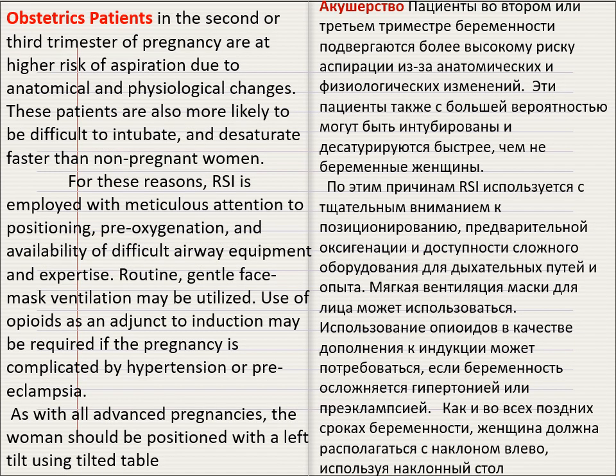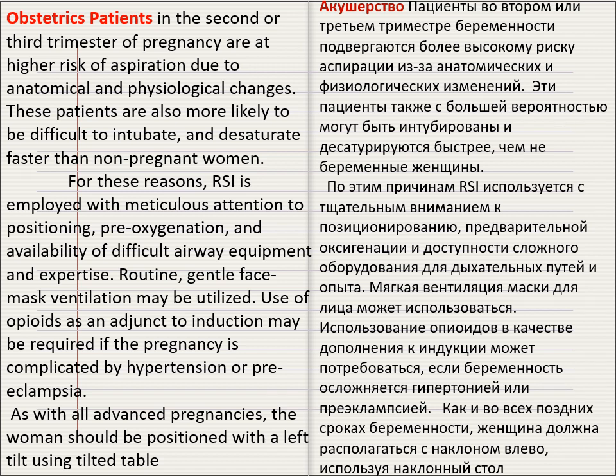Obstetric patients in the second or third trimester of pregnancy are at higher risk of aspiration due to anatomical and physiological changes. These patients are also more likely to be difficult to intubate and desaturate faster than non-pregnant women. For this reason, RSI is employed with meticulous attention to positioning, pre-oxygenation, and availability of difficult airway equipment and expertise.